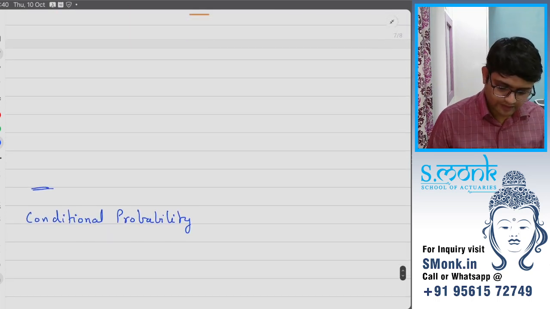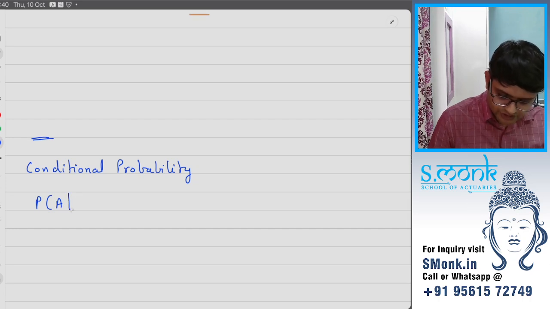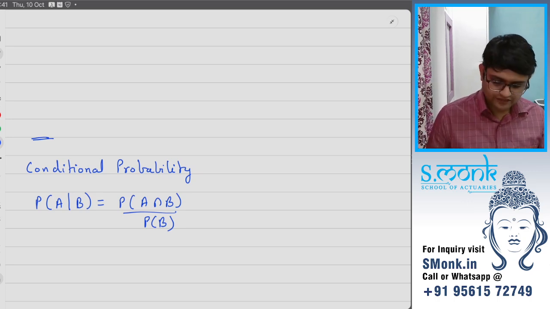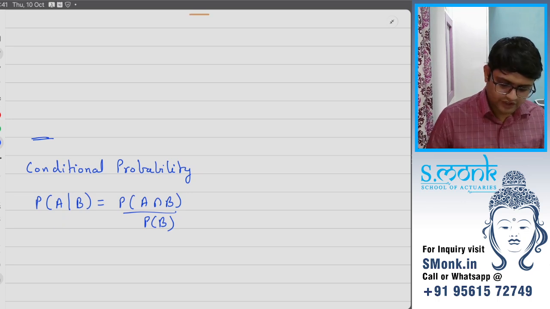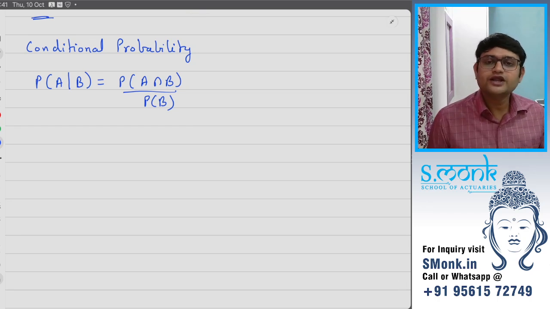Conditional probability, we write it as A straight slash B. Mathematically it is probability of A intersection B upon probability of B. We'll read it as probability A given B. So we are saying conditional probability, that means we already know that B is given.